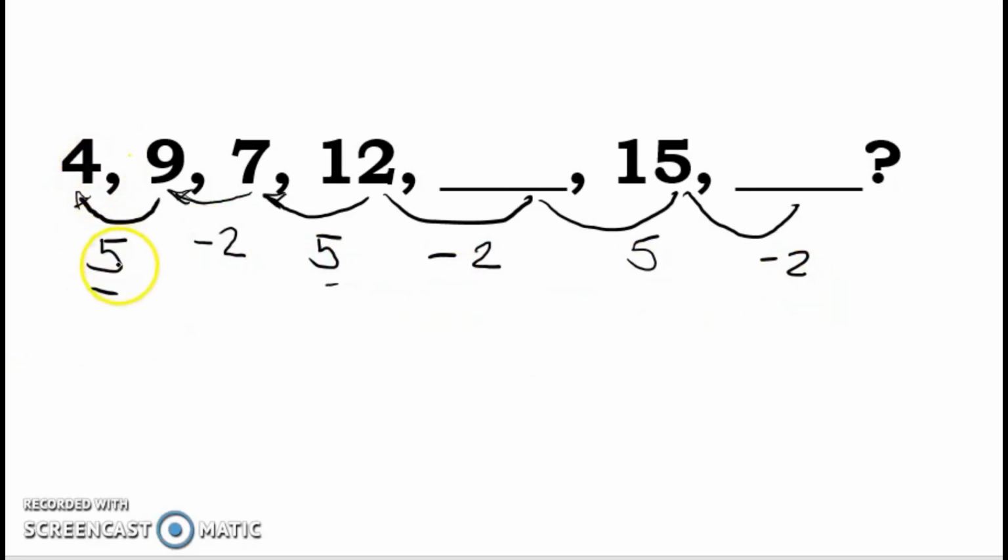So, that is 4 plus 5 is 9. 9 minus 2, 7. 7 plus 5 is 12. Tama. 12 minus 2 is, okay, that is 10. Okay, 10 plus 5 is 15. And 15 minus 2, that is, okay, that is 13. Okay, there you go. So, lagi lang natin tatandaan yung pattern.